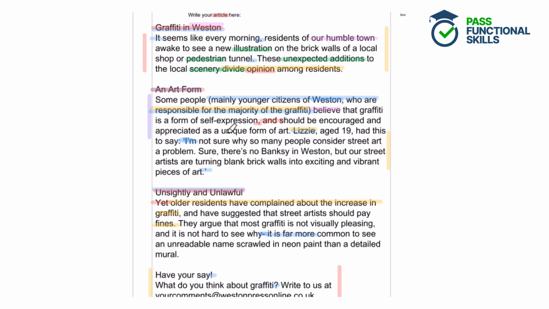So we've used a really long sentence here in order to draw lots of ideas together. So the ideas that we've got here are that younger citizens are responsible for most of the graffiti, and these people believe that it's a form of self-expression, and they think it should be encouraged and appreciated and seen as a unique form of art.